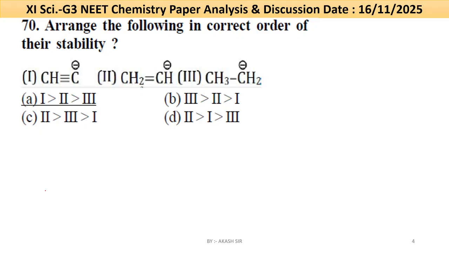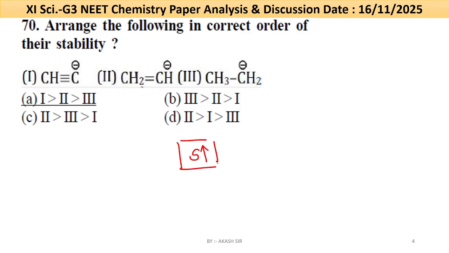To determine the correct order of stability of the given carbanions, we need to consider the hybridization of the carbon atom bearing the negative charge and the extent of S character in the orbital. The more S character in the orbital holding the negative charge, the more stable the carbanion. S character जिसका ज़्यादा है वो बंदा स्टेबल ज़्यादा है.